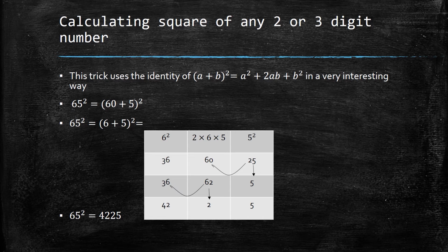But for this trick we write 65 square as (6 plus 5) square and make 3 separate columns for a square, 2ab and b square. As shown in the video, we have 3 columns for 6 square, 2 into 6 into 5 and 5 square. Calculating them gives us 36, 60 and 25 in the next row as shown.